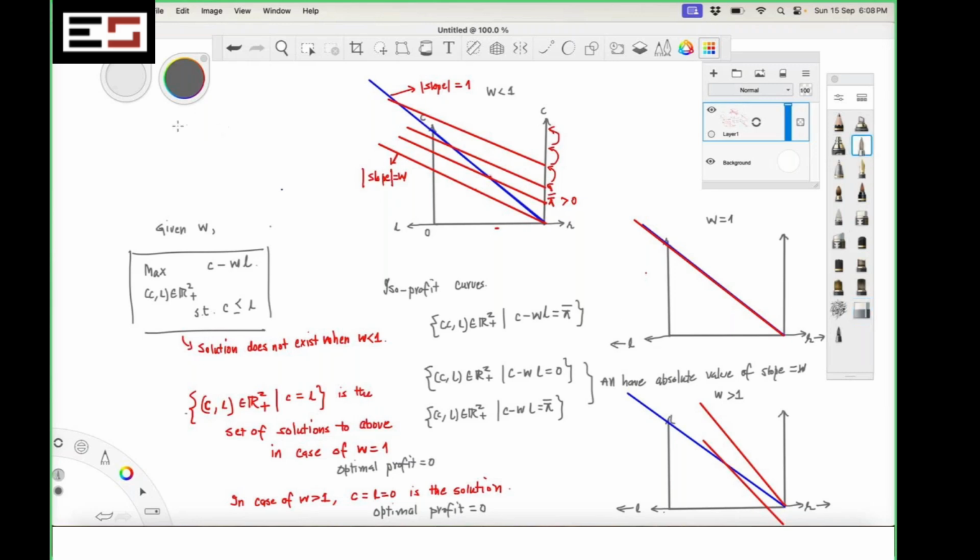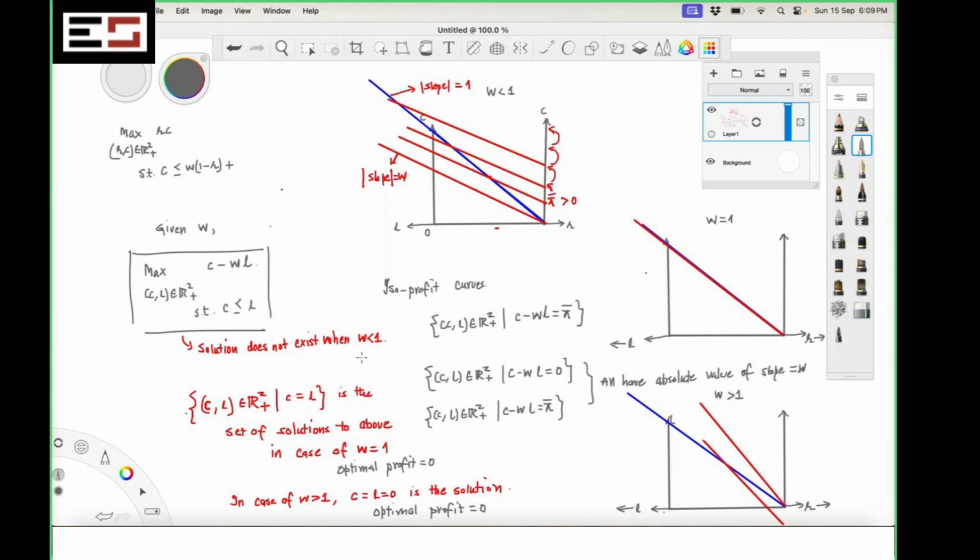Now Robinson Crusoe as a consumer will solve the following problem, which is maximize RC by choosing RC in R2 plus subject to the constraint that C is less than or equal to W times 1 minus R plus the optimal profit.